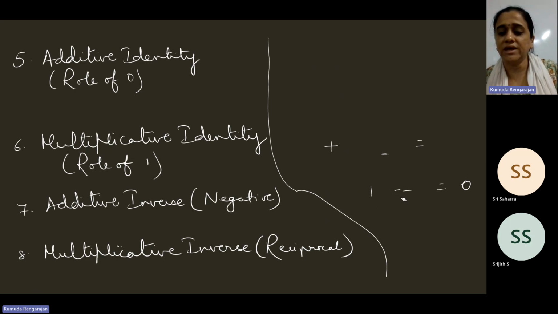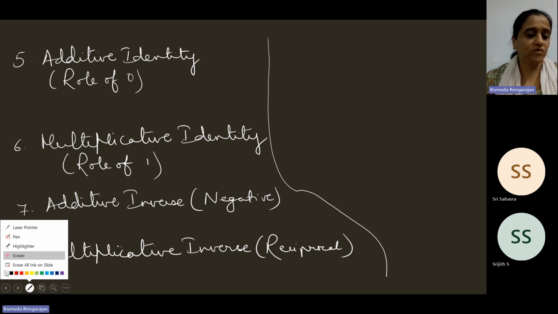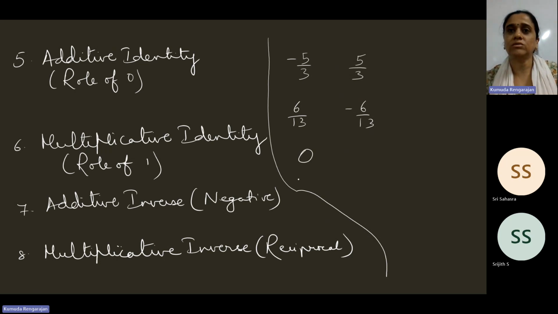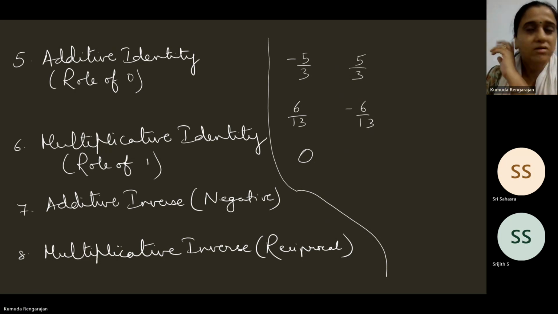So if you're asked to write the negative of minus 5 by 3, what is the negative of minus 5 by 3? Plus 5 by 3. What's the negative of 6 by 13? Minus 6 by 13. What's the negative of 0? 0 is neither positive or negative.